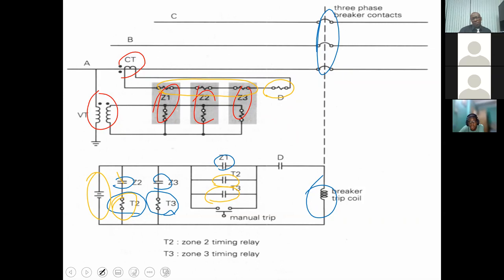So when you initiate T2 and T3 down here, after that time has elapsed, for example with T2, the contact here below Z1 would close. When T2 ends, when 300 milliseconds pass, this contact closes.